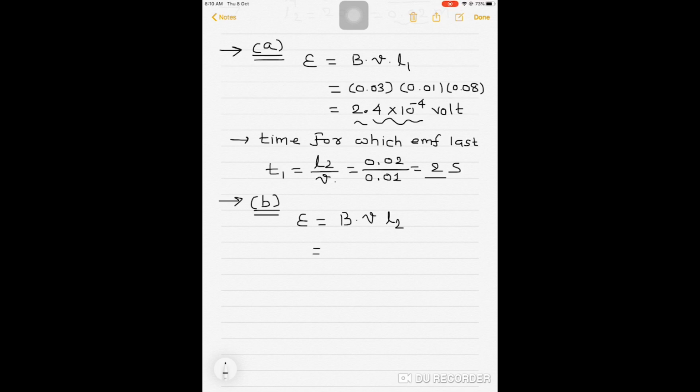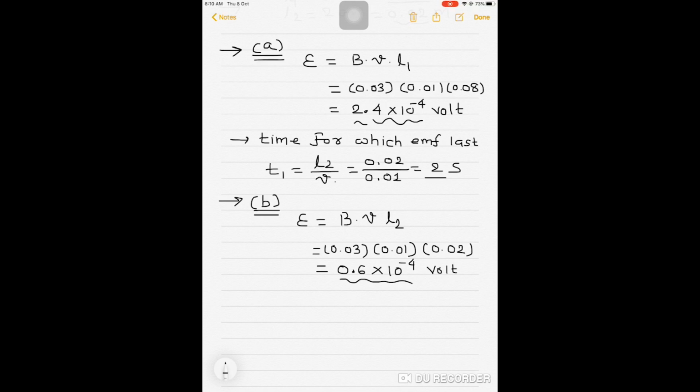We have all the terms: 0.03, velocity 0.01, and length 0.02. So ultimately this EMF will be very small, that is 0.6 into 10 raised to minus 4 volt. Now this is the value of EMF.